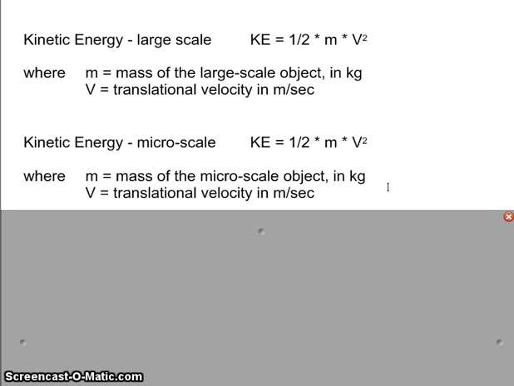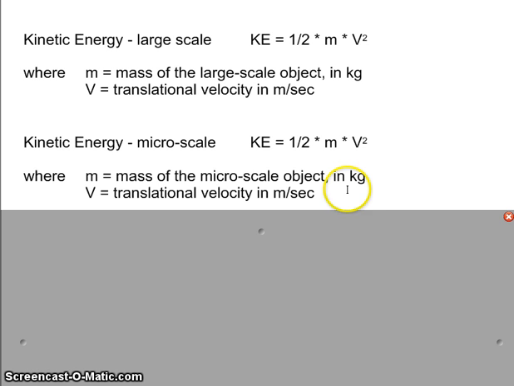So very, very vastly different scale here, but the kinetic energy formula is exactly the same, and the units are the same, and so there's some comfort there that it's not a different idea at a small scale.